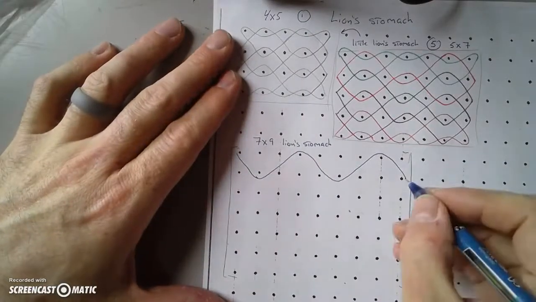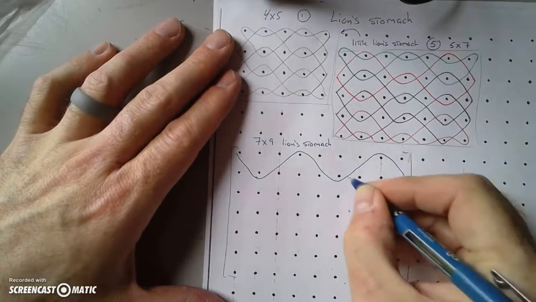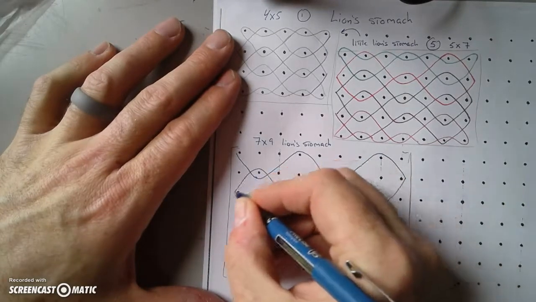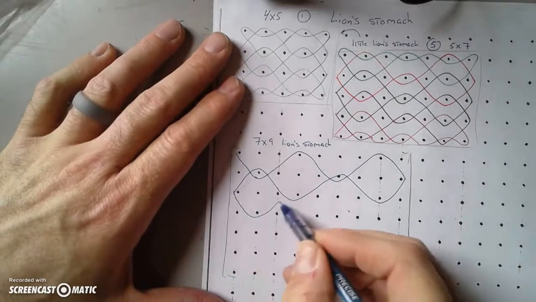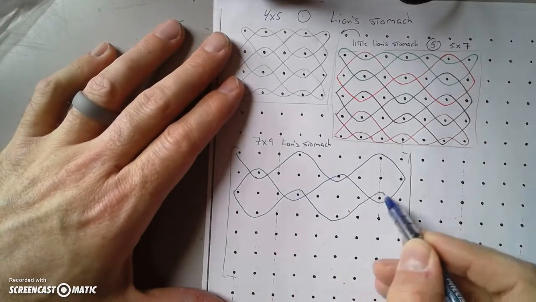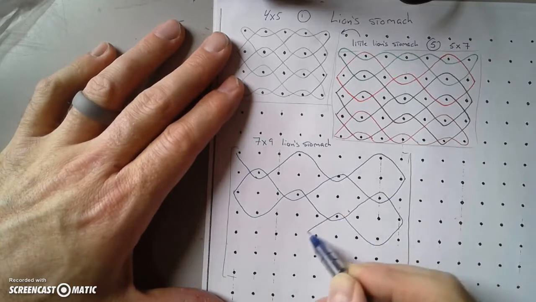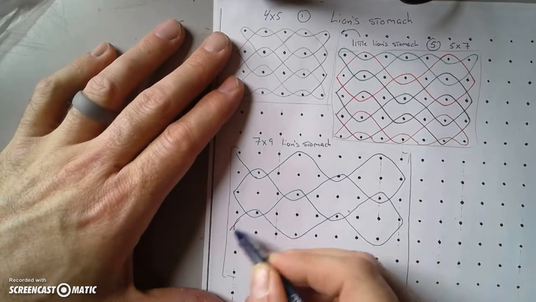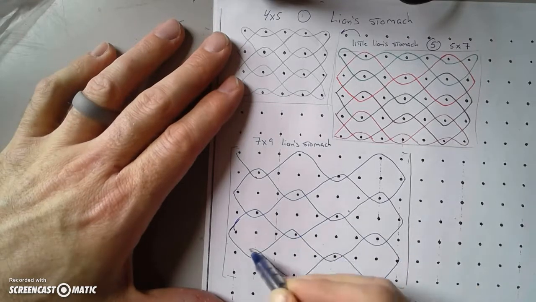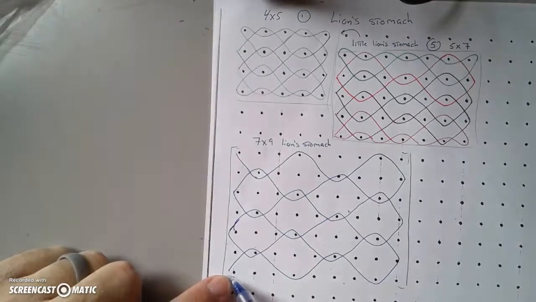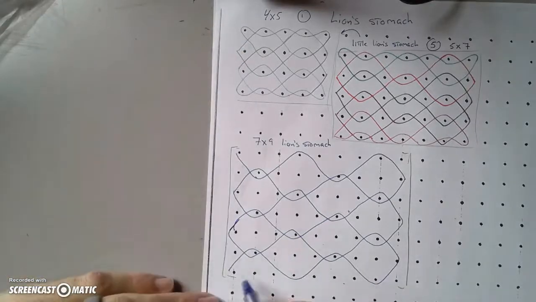I reach the side, I reflect, so down and then up, and then down, and then up, and then down. I'm at the end here, so I reflect. Of course, I have a lot more dots here, so this will, whoops, a little sloppy there. Continue for a bit. I'm at a corner, so I can't reflect anymore, so I do this little wiggle decoration.